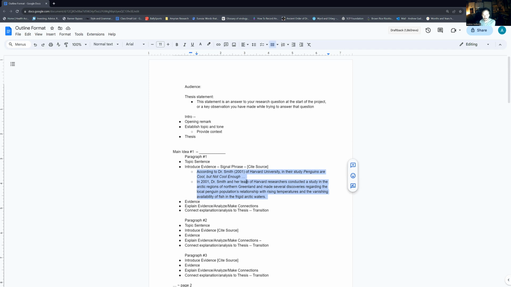Where is this information coming from? If it's a statistic, who did the study? Where? How? Why? Who was funding them? All of those things. We care a lot more about the source itself than we care about what the statistic is being given. And until that is understood, you can't really write academically.